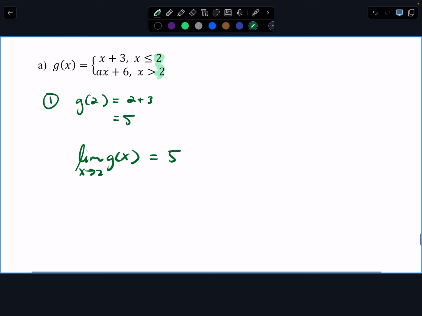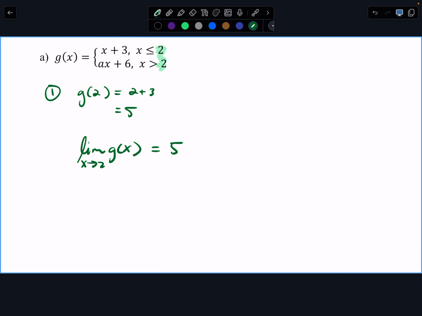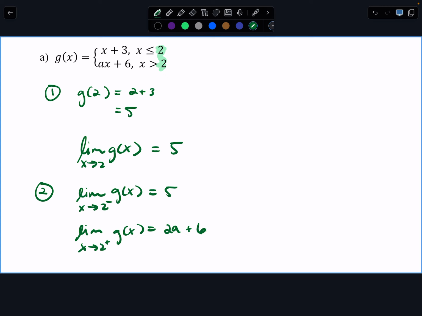So then we think about what would have to be true for that to happen. Since this is a piecewise, we would normally think one-sided limits. As x approaches 2 from the left, we would get 5. And the limit as x approaches 2 from the right, we would get 2a plus 6.